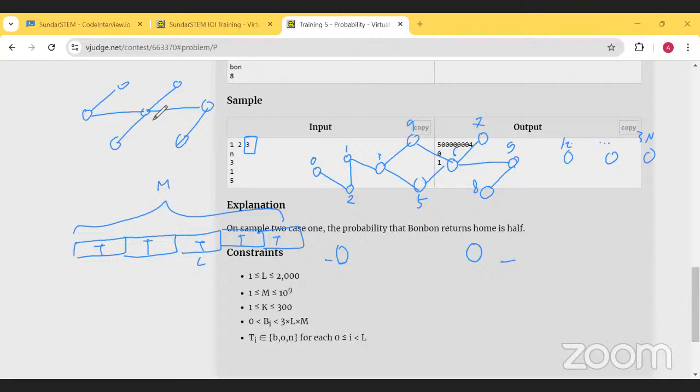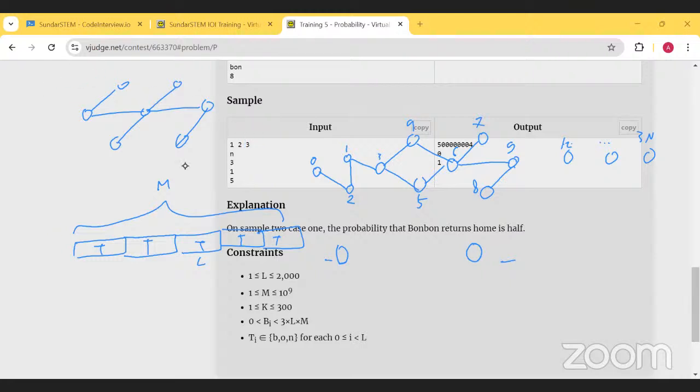The probability will be the same to move to each adjacent node, of course based on the degree. If the degree is 3, the probability will be 1/3, like this. Okay, and then we win the game when we reach node 3n, and we lose if we reach 0. Okay, then what is the probability we can win the game?